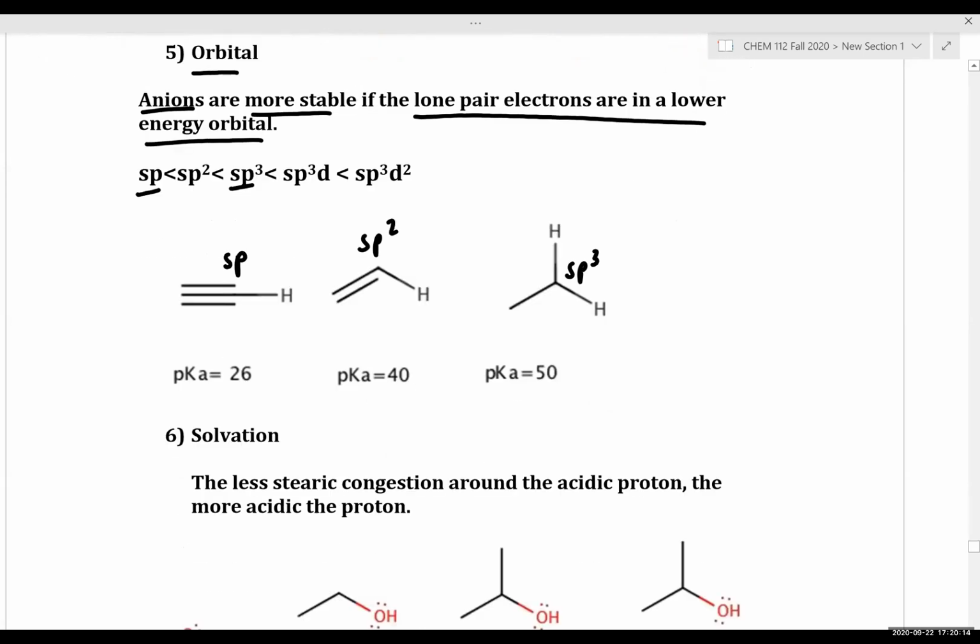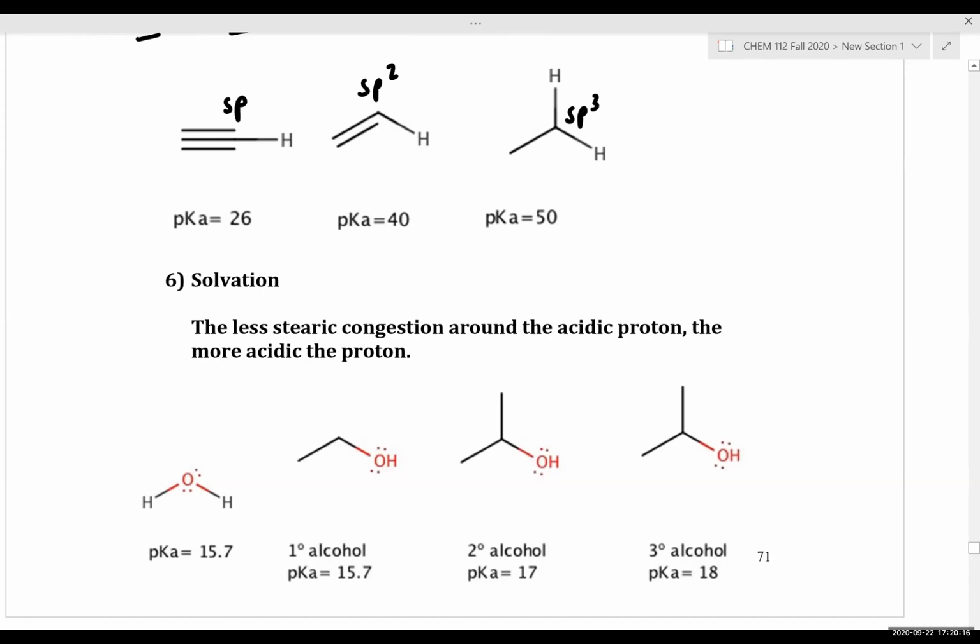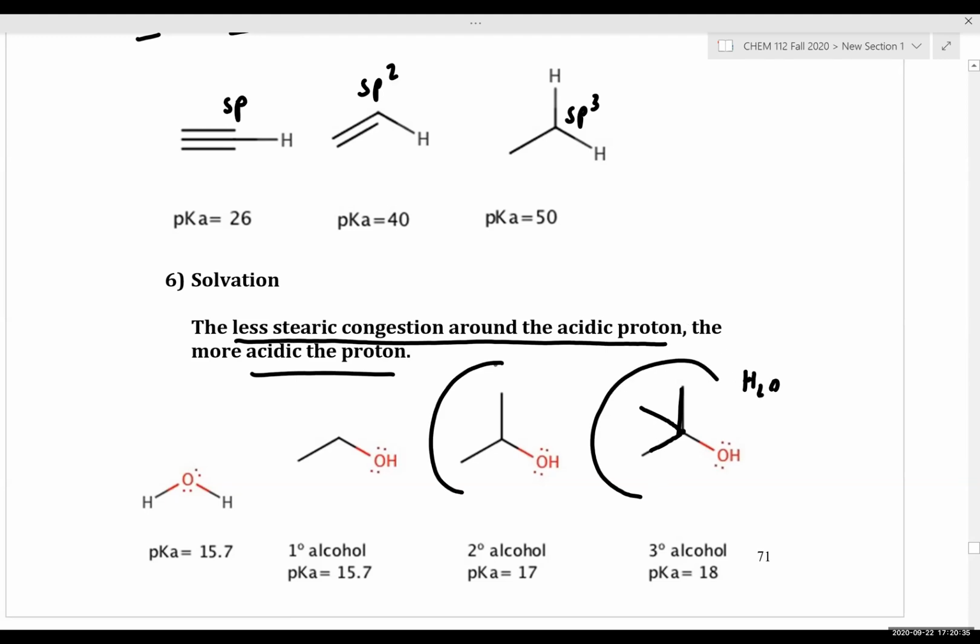The last effect, and it's pretty minor, has to do with solvation. So the less steric congestion around an acidic proton, the more acidic the proton. Remember, the reason for that is because we want to be able to effectively surround our proton with solvent.